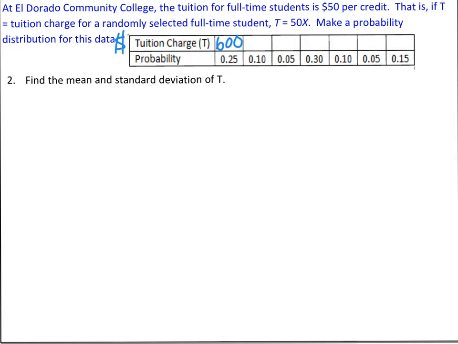That'll be $600, right? And that number is coming from 12 times 50. Those students are taking 12 credits. 13 times 50. So 10% of students are paying $650.